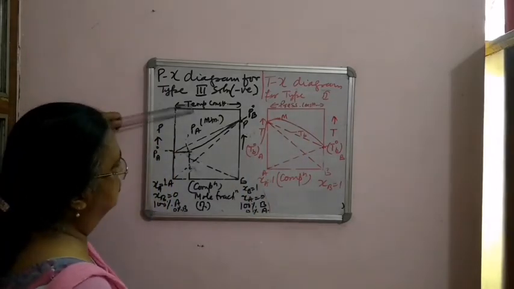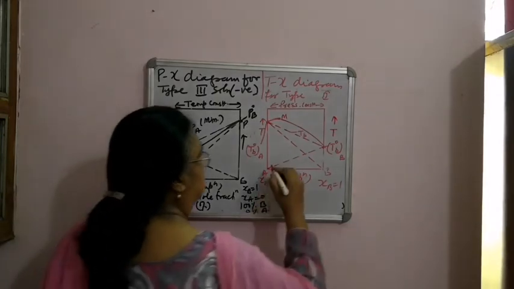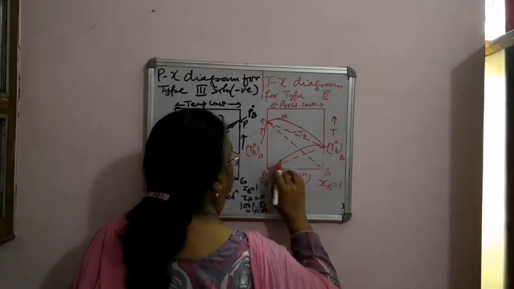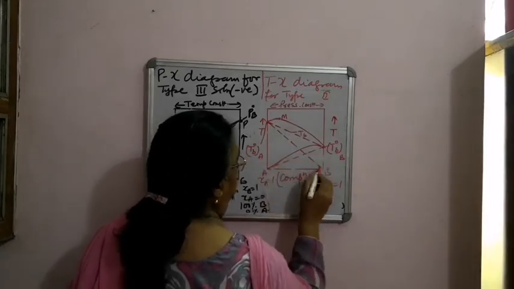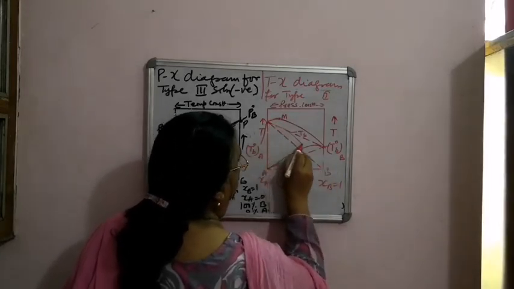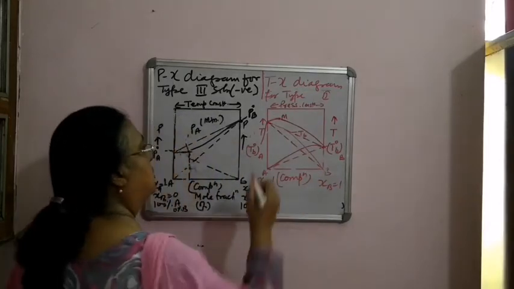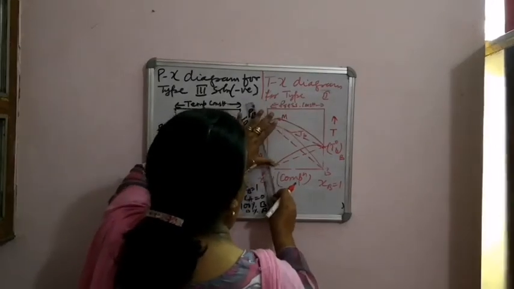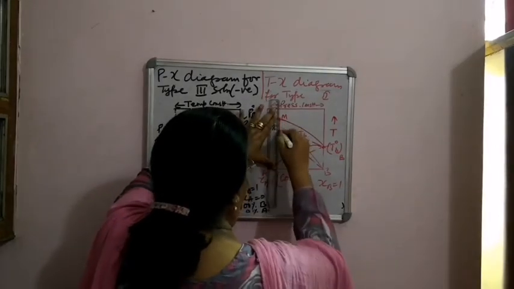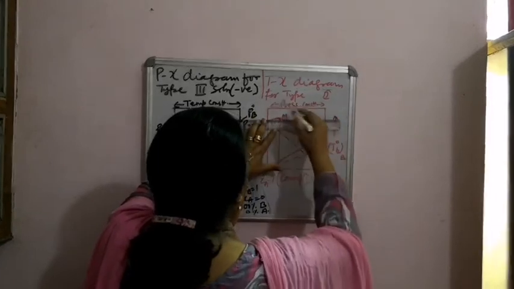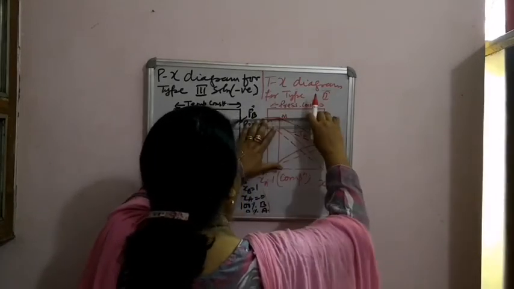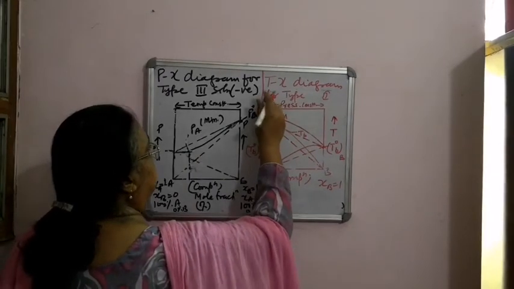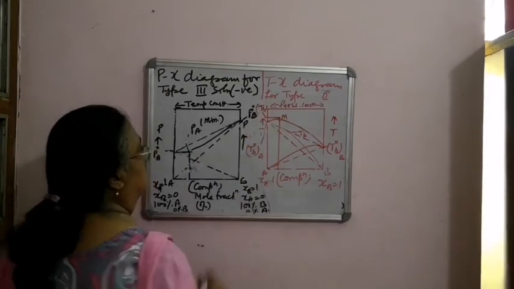This has gone to higher. Higher point you will draw on the higher side. So this is the point at which, at this particular composition and at this particular temperature, this temperature is TB of solution.